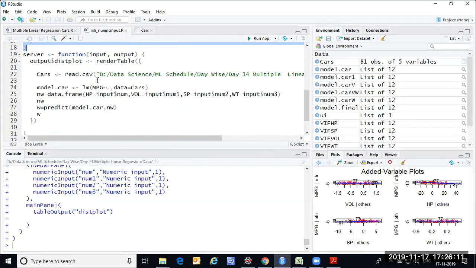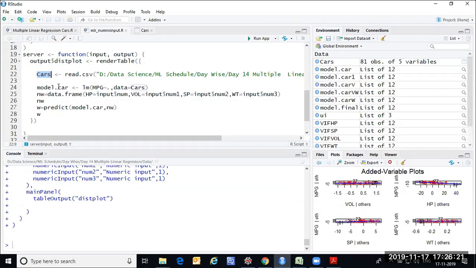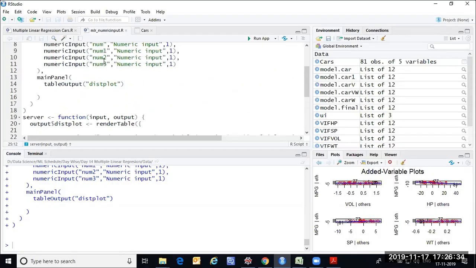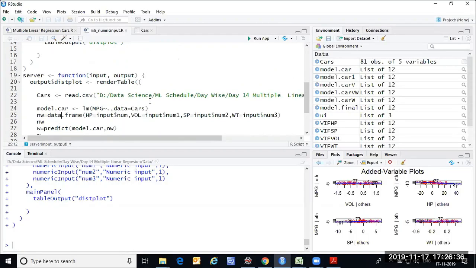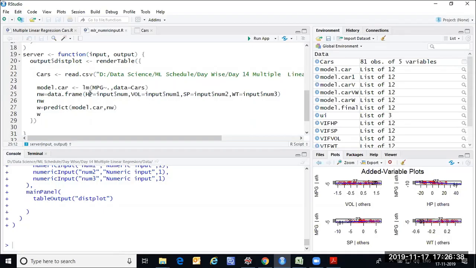Now, this is where the main part is. I'm reading the data from a designated location, the CSV, cars.csv. And once I have that, I'm building a model. Then I'm mapping to the original 4 input variables that I declared here: num1, num2, num3. I'm assigning HP values to num.